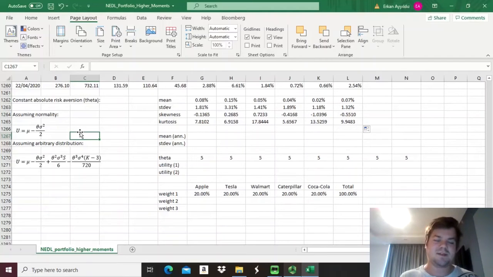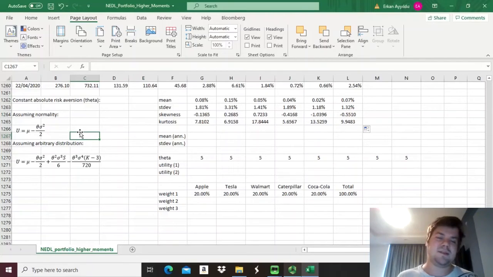And it doesn't take much to understand that the value of theta for a conservative investor would be the highest, and most of the time it's assumed to be around 5. Theta for a balanced investor would be slightly lower, and most of the time it is assigned a value of 3.5 or any value from 3 to 4. And for adventurous investors, theta is even lower, and most of the time it is assessed around 2.